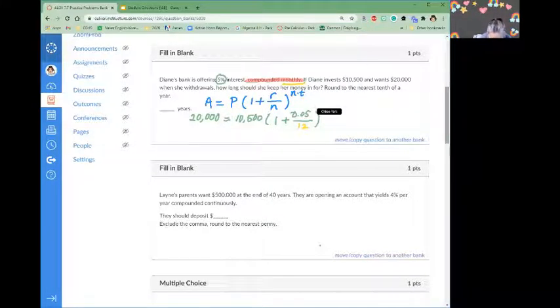Then 12 again on the exponent. Then we are finding the t here, okay?